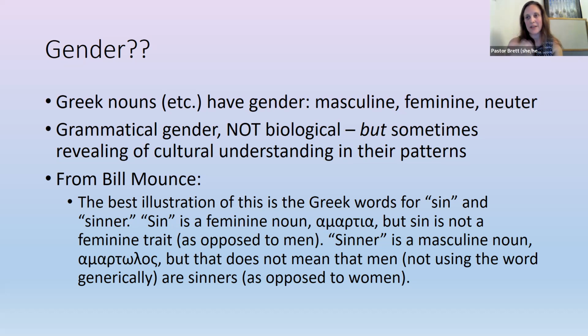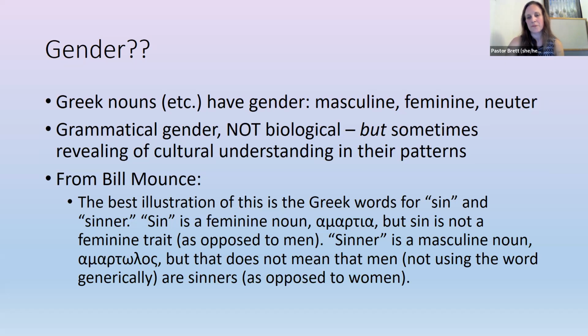And so he's making a point here that gender is grammatical, not biological, but I would say that it can be an interesting thing and sometimes does have implications in its translation. Because we can tell the difference, for instance, if we're talking about a group of men or a group of women or a mixed group or a non-gendered group of people, depending on the words that are used, just like in any language.